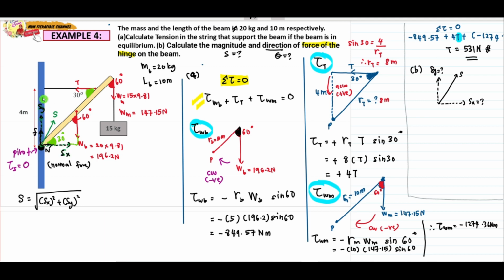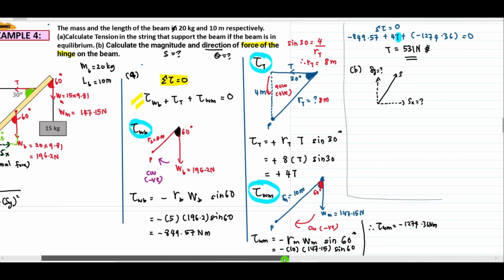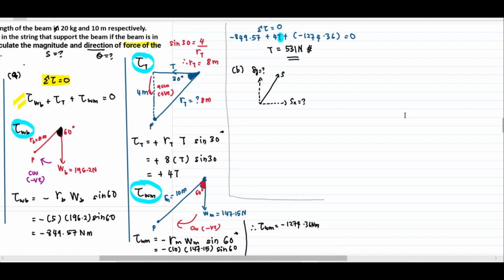So, we have 3 forces in Y component. So, kita boleh buat Sy plus negative WB plus negative WM is equal to 0. Okay. So, kita nak kira lah berapa supporting force. Berapa Sx.